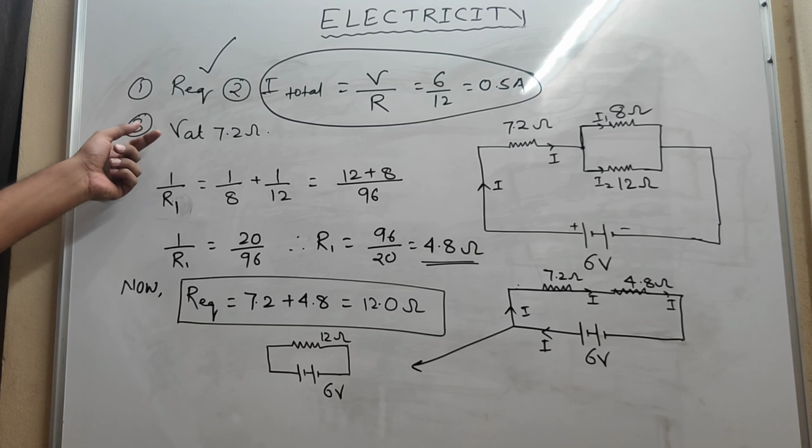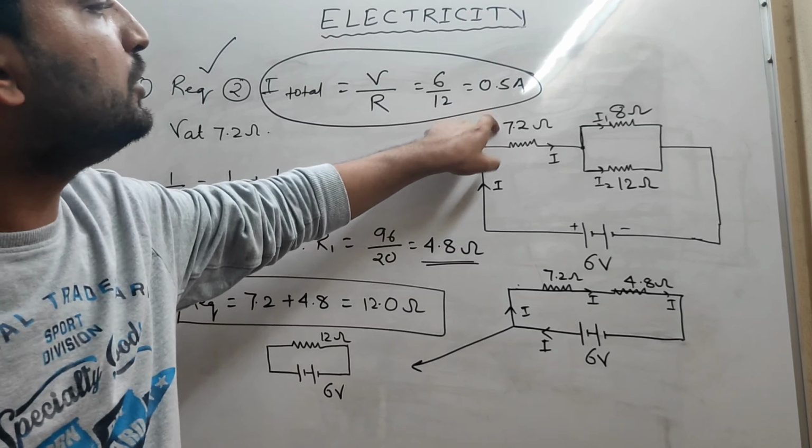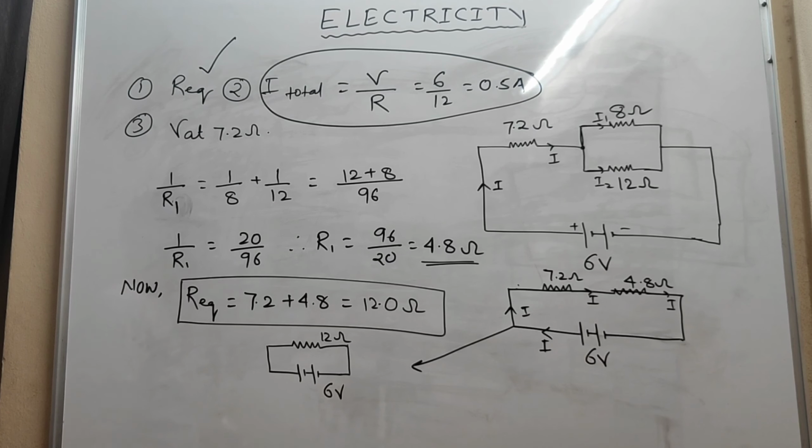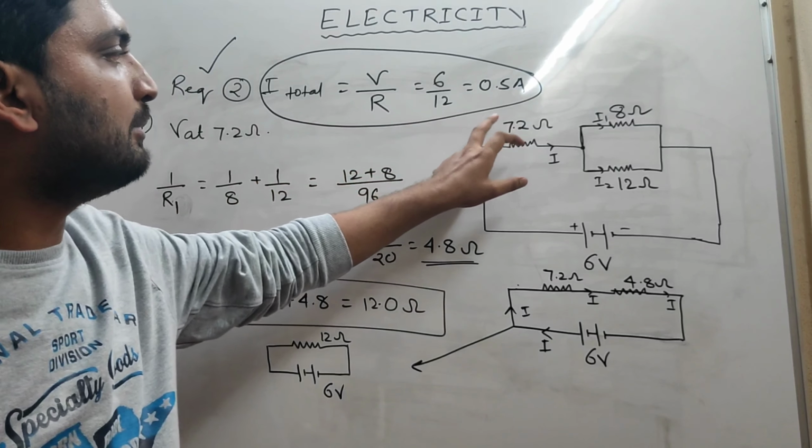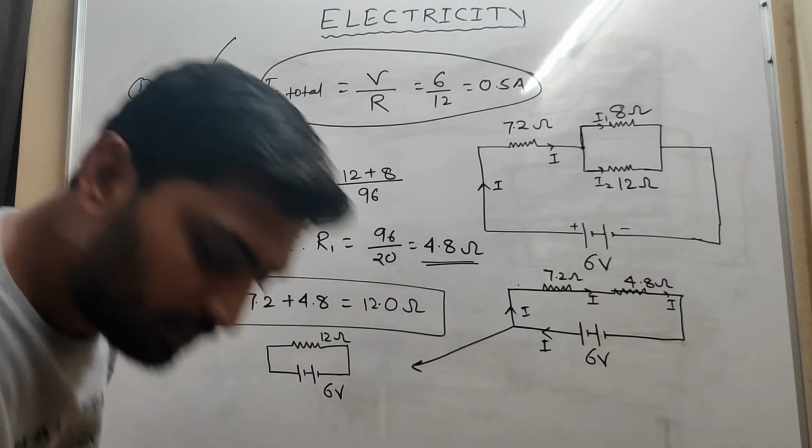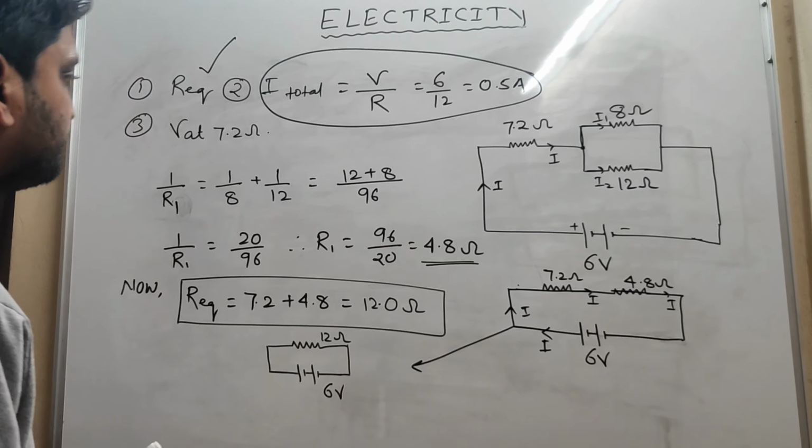Now the third one is the potential difference at 7.2 ohm. Take a screenshot or copy it. I'm just erasing it.